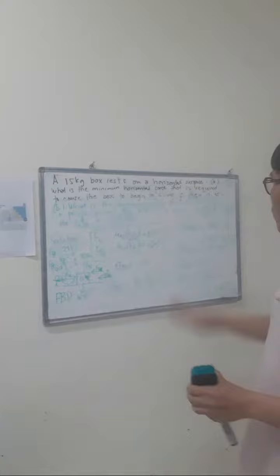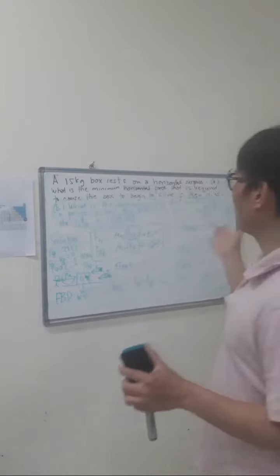If you revise the question like this: What is the minimum horizontal force required to cause the box to begin to slide if the static coefficient of friction is 0.35 and the kinetic coefficient of friction is also 0.20? What is the acceleration of the system if a person pushes the box with an additional force of 90?